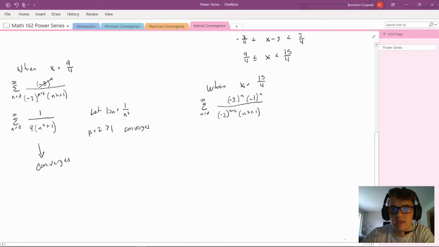So then this way I can cancel this out with the exponent here. So now my new series is going to be n is equal to 0 to infinity of negative 1 to the n divided by, on the bottom I'm just left with a negative 3 squared, so that's going to be 9 n squared plus 1.